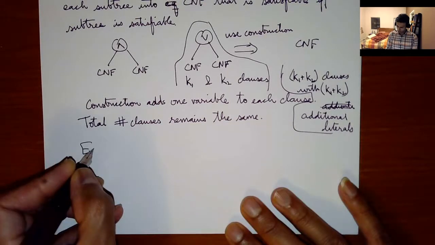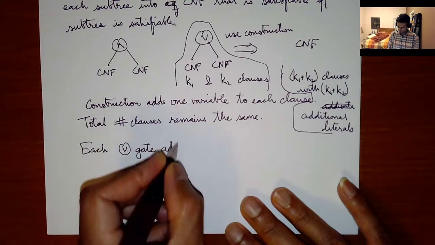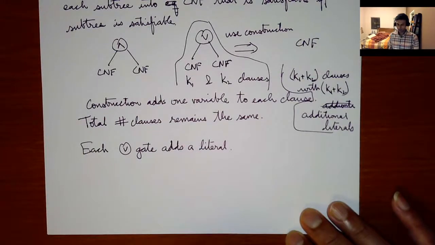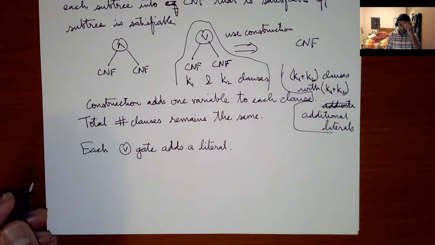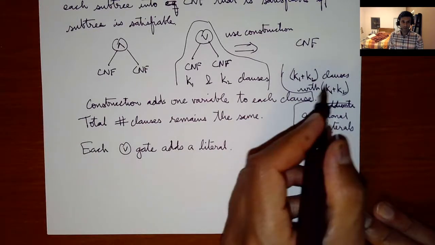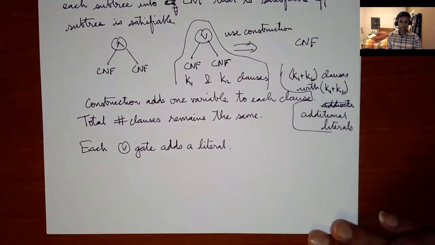Each OR gate adds a literal, right? Each OR gate adds a new literal, and this literal is going to appear these many times, where it's the number of clauses below.